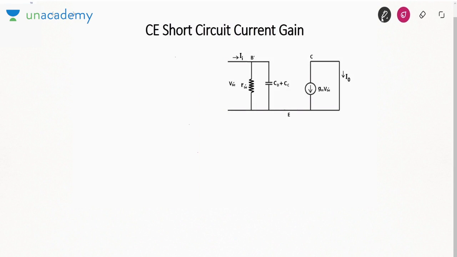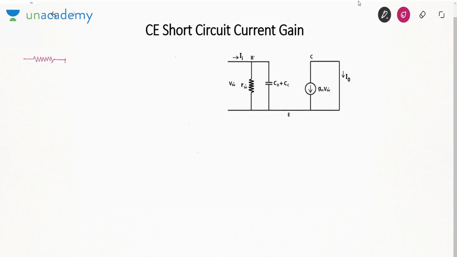Now let us understand how to find the common emitter short circuit current gain. Short circuit current gain means when the output is short circuited. So let me redraw the circuit, then you will understand how we have derived this circuit that I have drawn.